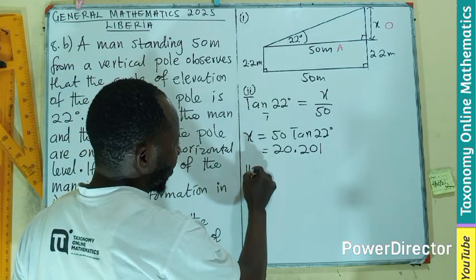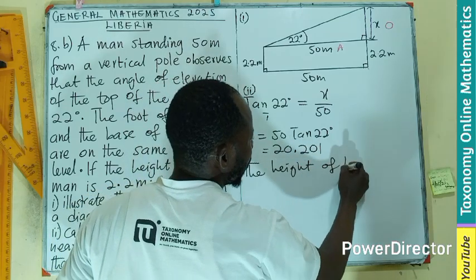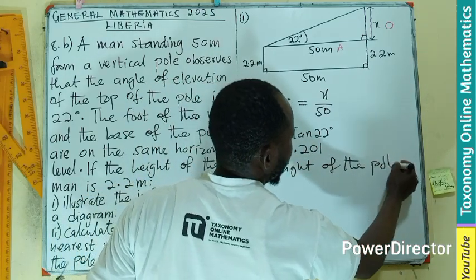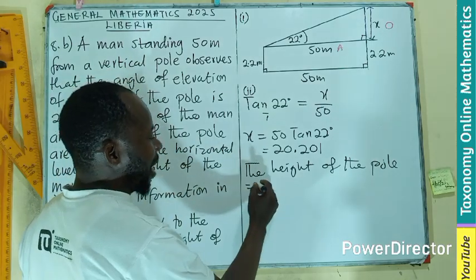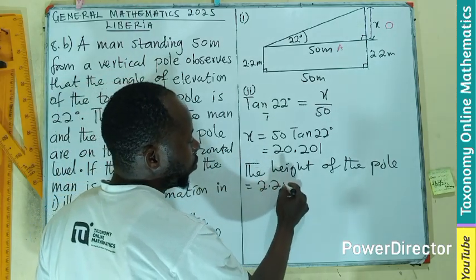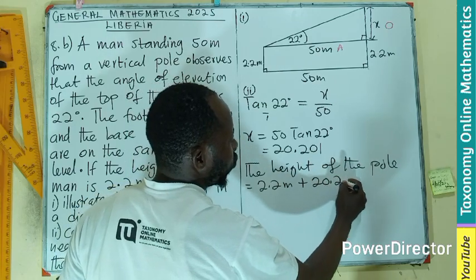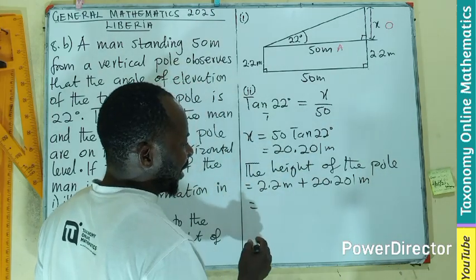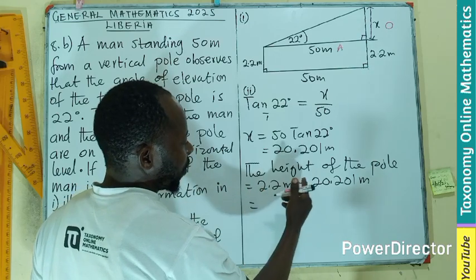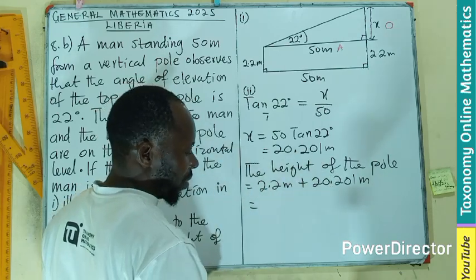So we can say that the height of the pole is going to be the height of the man, which is 2.2 meters, plus the 20.201 meters. If we add, this will be 22.40, right?